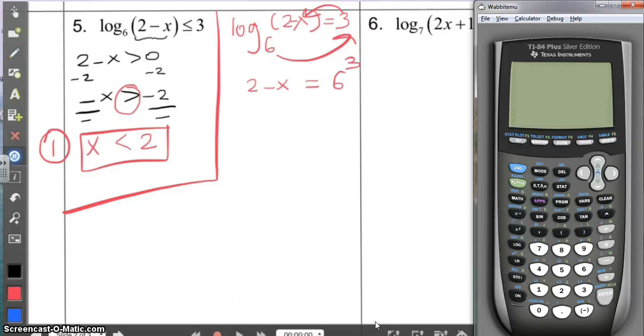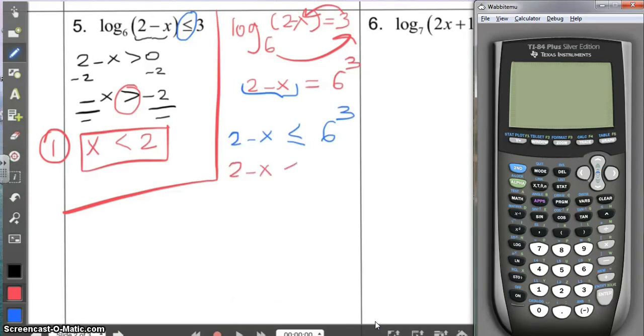Since the x is on this side, I'm going to start by putting the x on this side, and then smaller or equal to 6 to the power 3. Since x is on this side, the x has to be on the left side. Remember that. Now 6 to the power 3, on the calculator, would be 216.